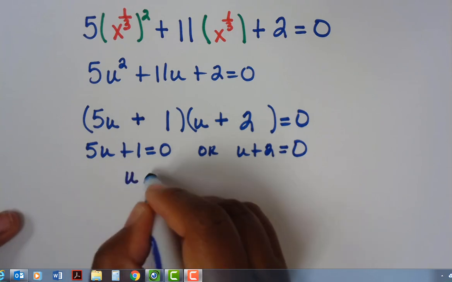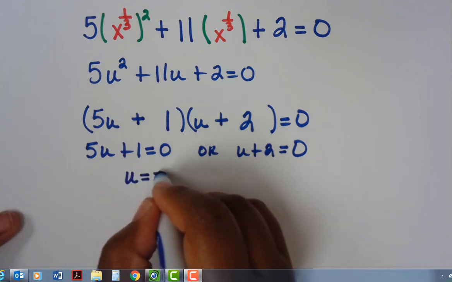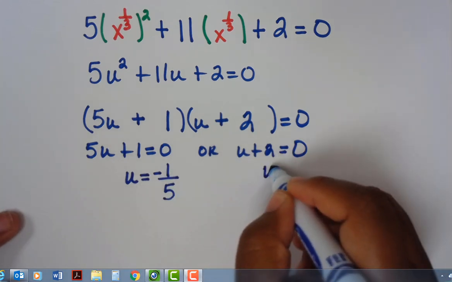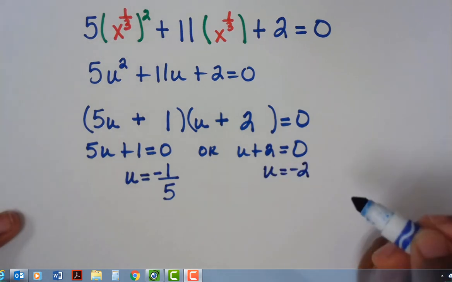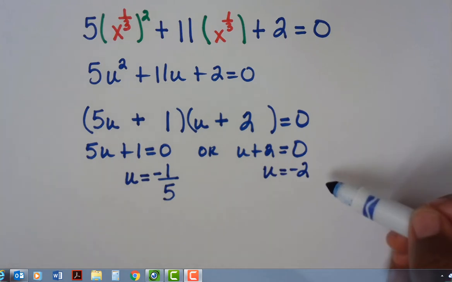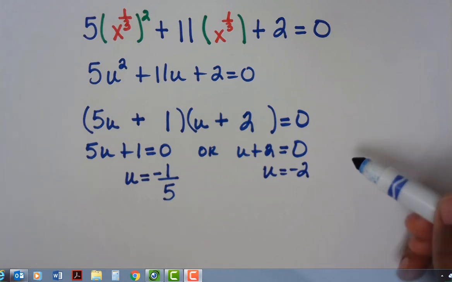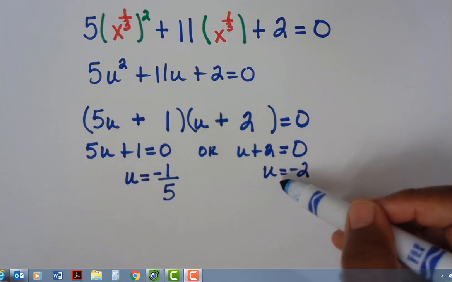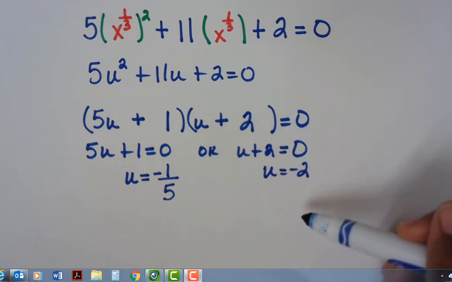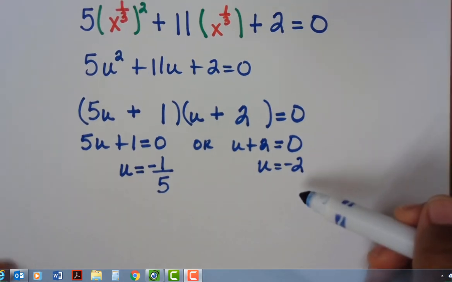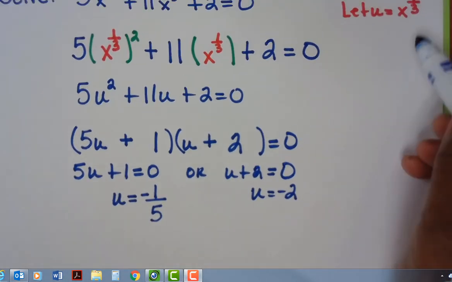For the first equation u would equal -1/5, and then u would equal -2. Now we're not finished, because the goal is to solve for x, and we have it in the format of u. So what we're going to do is replace u with x^(1/3).